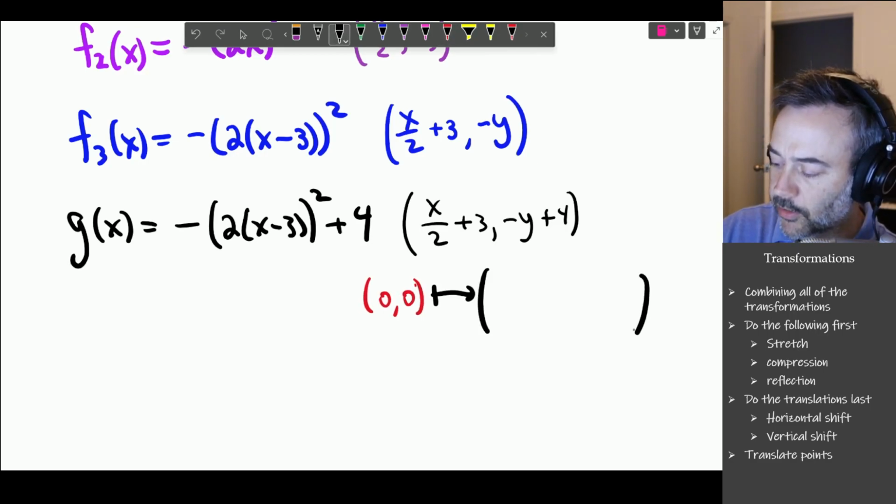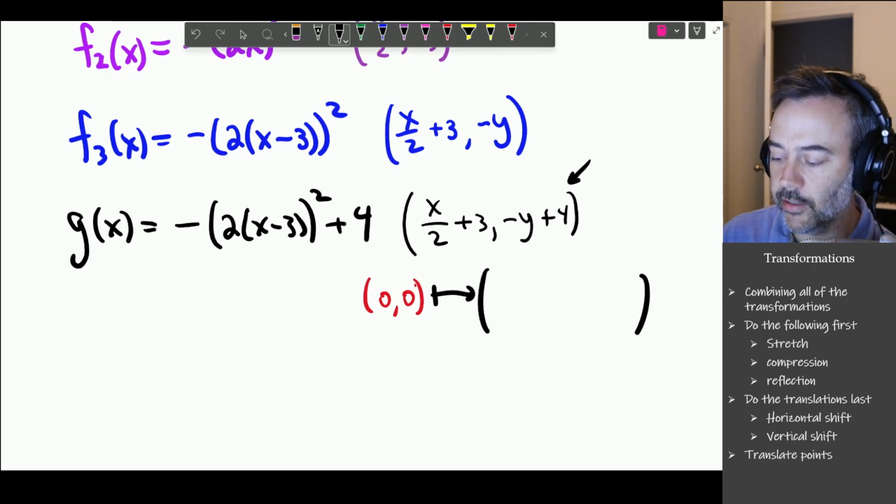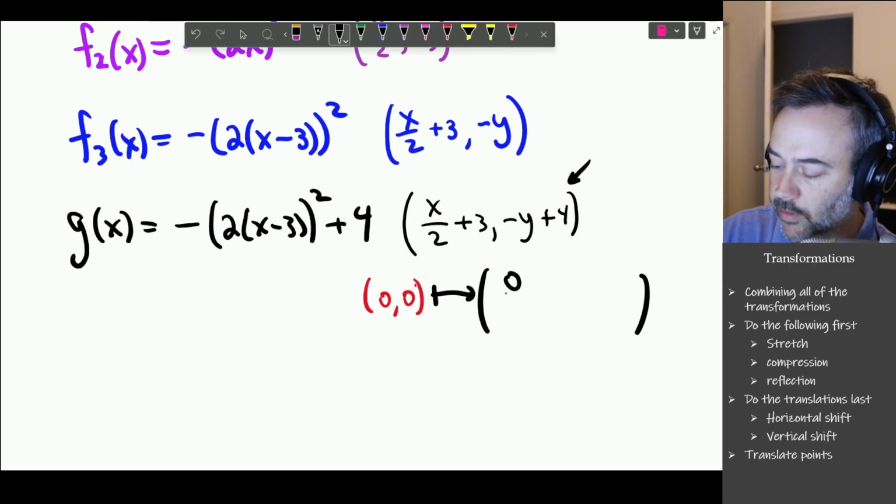Well, I actually have the formula for what to do right here. It becomes 0 over 2, because the original x is 0, so that becomes this x, 0 over 2 plus 3, and then negative 0 plus 4. So I just plugged everything in, and I get 3 comma negative 4.